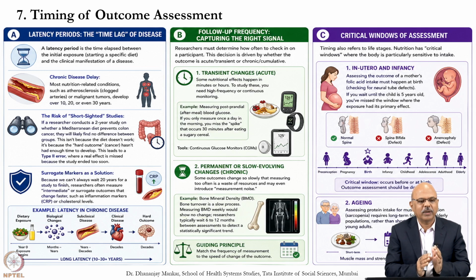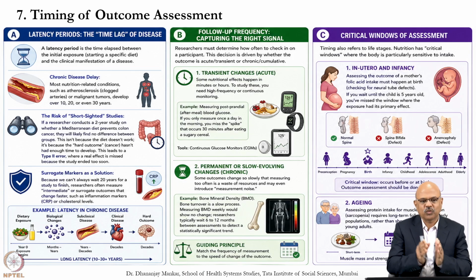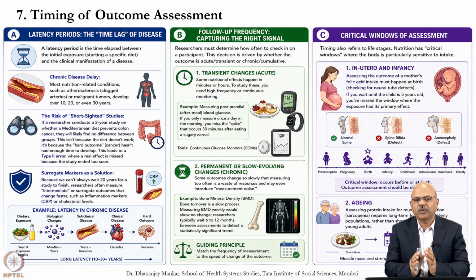Examples might be dietary exposure with biological changes, subclinical disease, clinical disease, and a hard outcome, which may take a long latency, from 5 years, 10 years to 30 years.